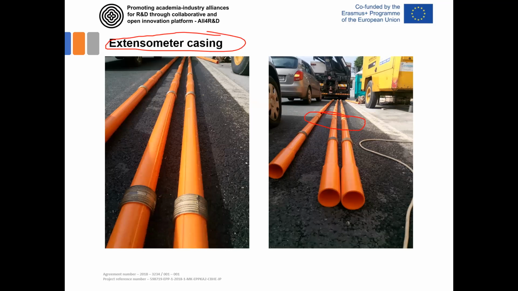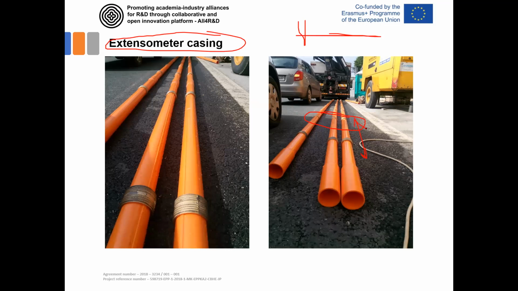The principle of this extensometer is similar to inclinometers, but the main difference is that it measures not horizontal displacement, not displacement perpendicular to this pipe, but longitudinal displacement, the displacement parallel to this pipe.